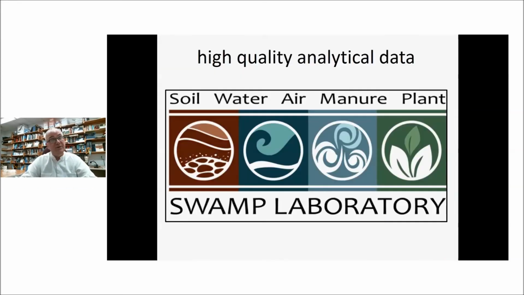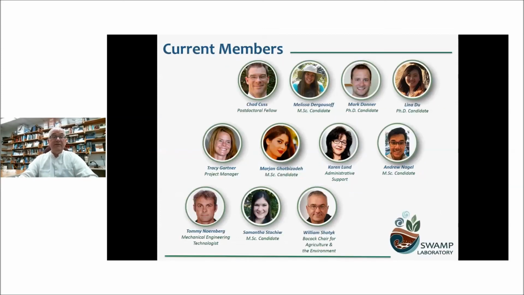Underpinning all of this is high quality analytical data. One area where we are uncompromising in our lab is the quality of our analytical data. It has to be accurate, it has to be precise, the measurements have to be sensitive, and we must have low limits of detection. These instruments in the lab don't run by themselves.